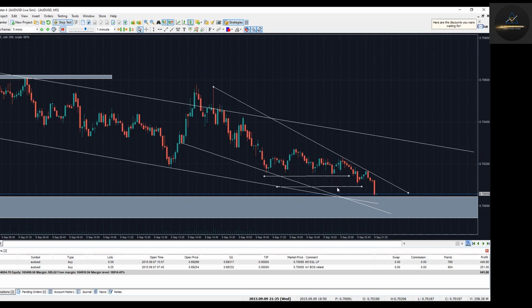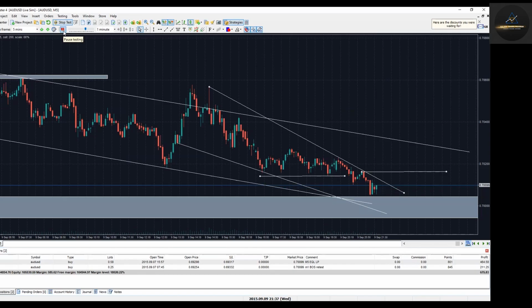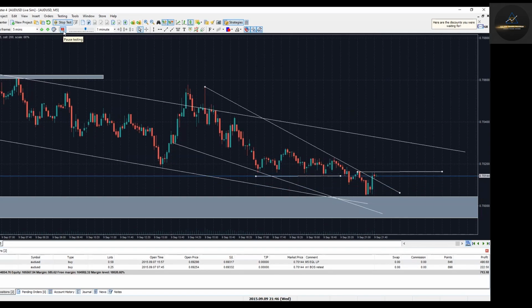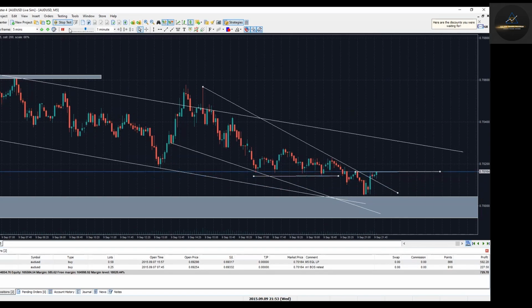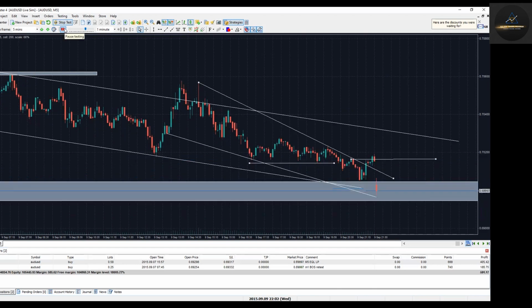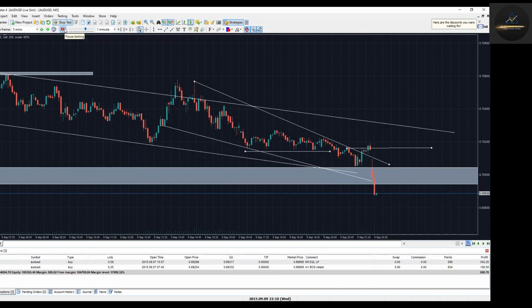Where is the breaker structure confirmation? Right here. Just because of the time of day, I don't want to place a limit order here and then get stopped out from the rollover. That's going to be really frustrating. So let's see what happens. There you go, you see the rollover.